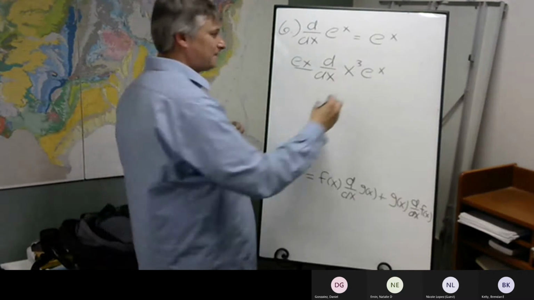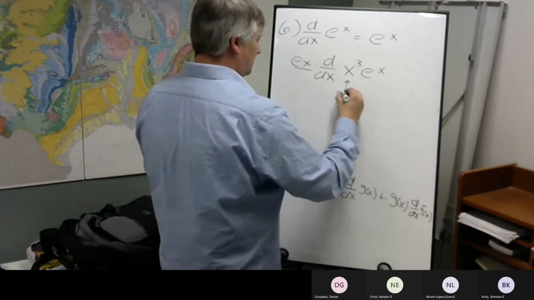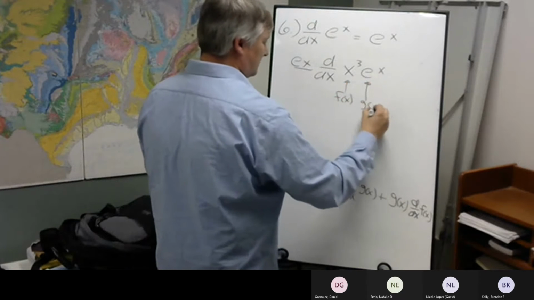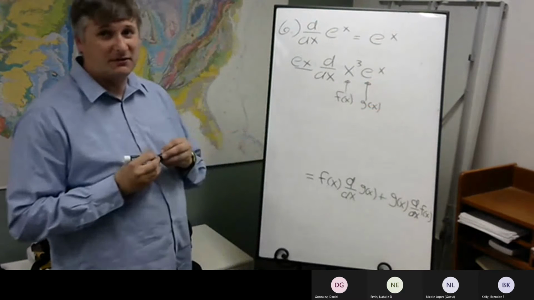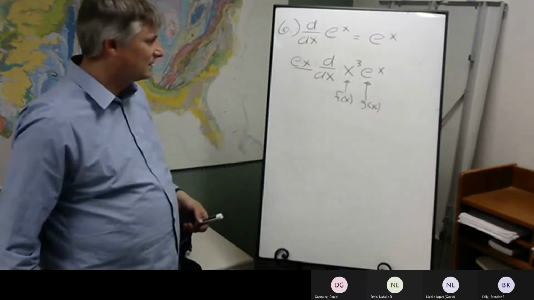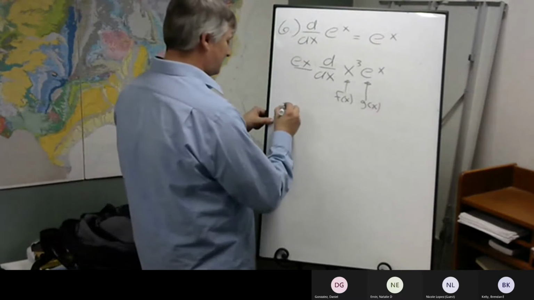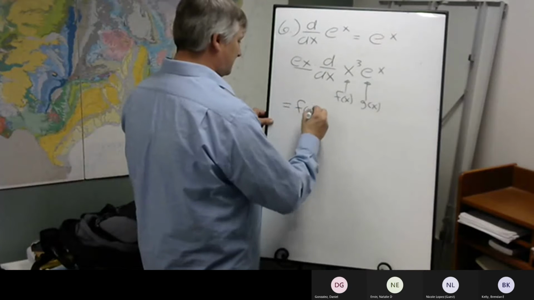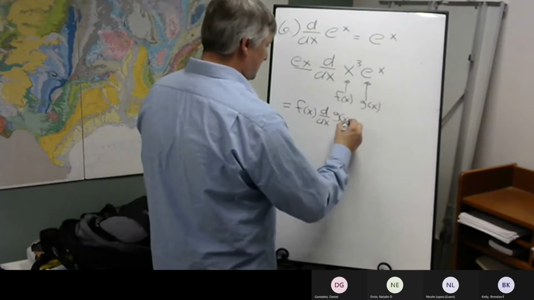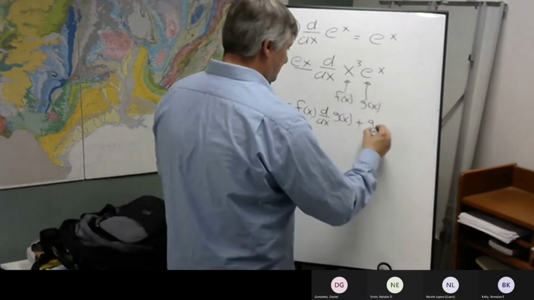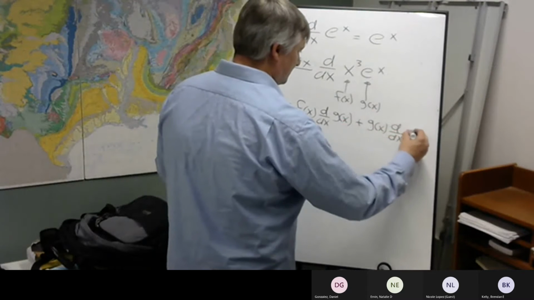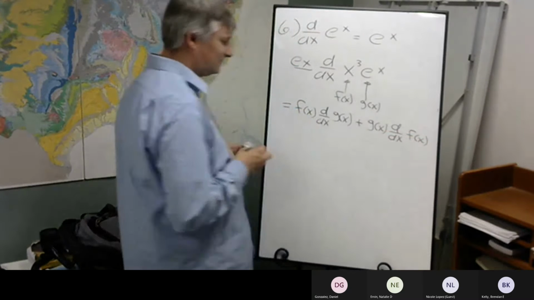So what's going to happen, this will play the role of f of x, and this will play the role of g of x. And so what we're going to get is f of x times d dx g of x plus g of x times d dx f of x.